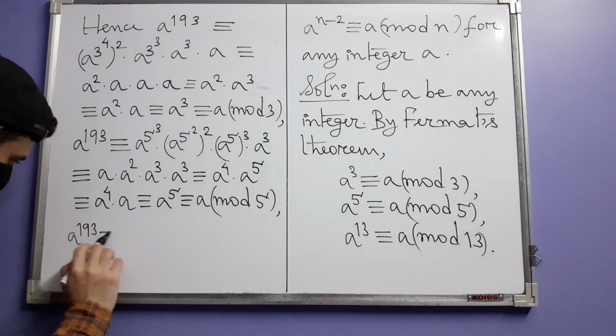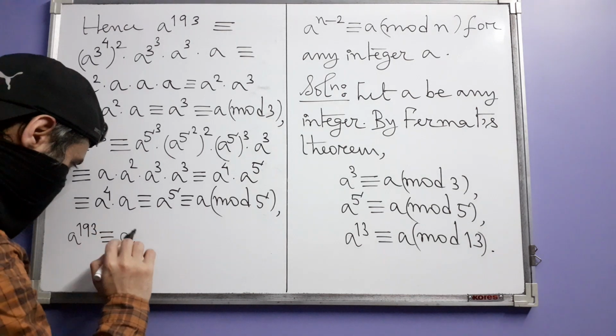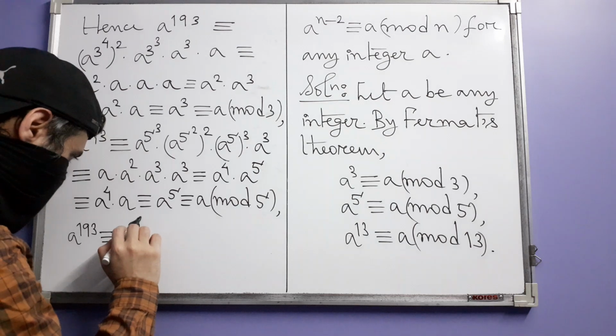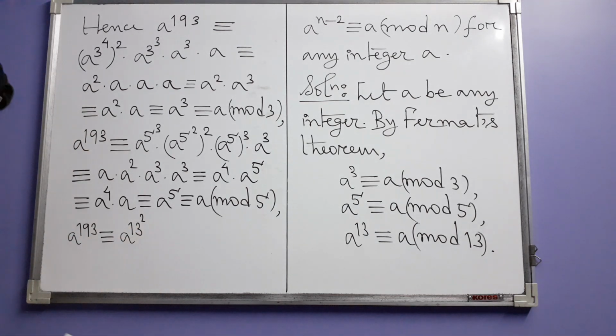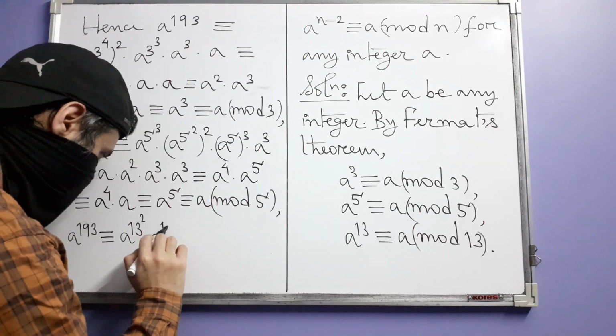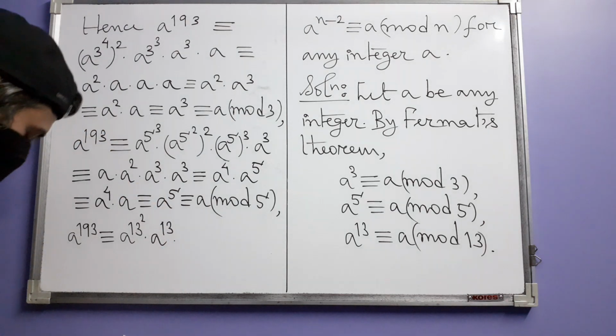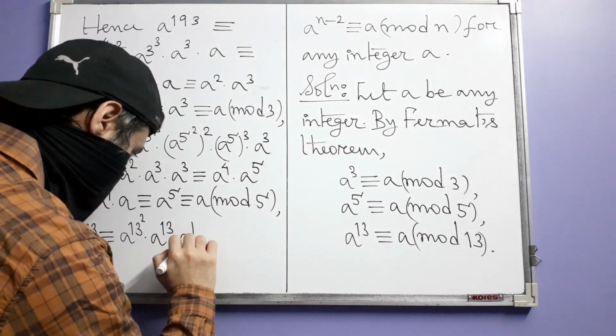And finally, we go for the prime 13. And here, this is how it has to be broken down. 13 square, which is 169, times a to the power 13 times a to the power 11.